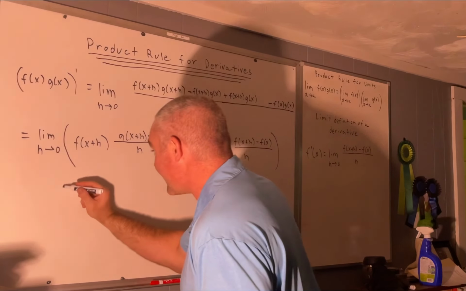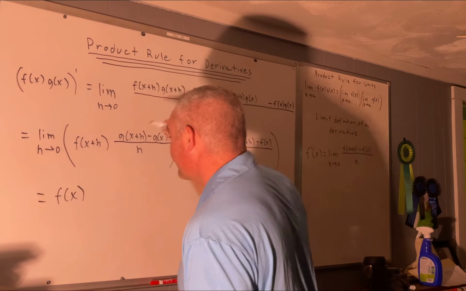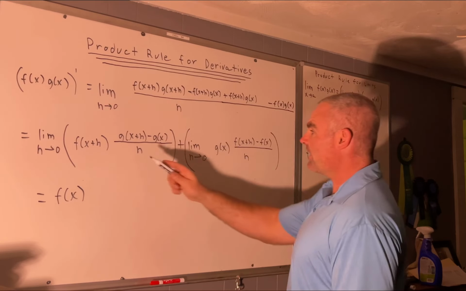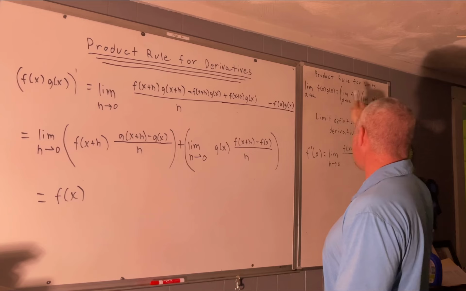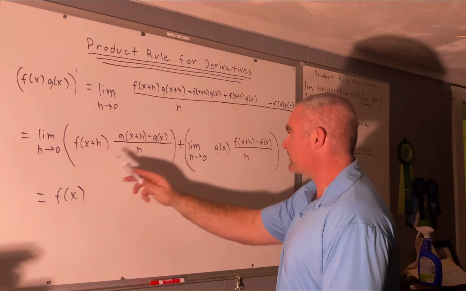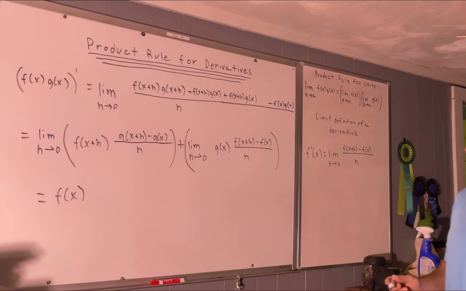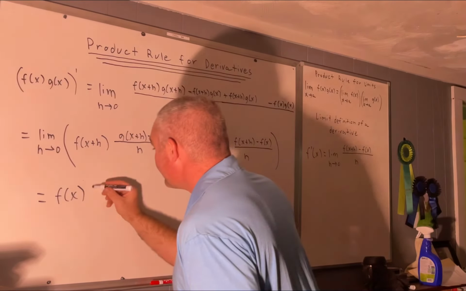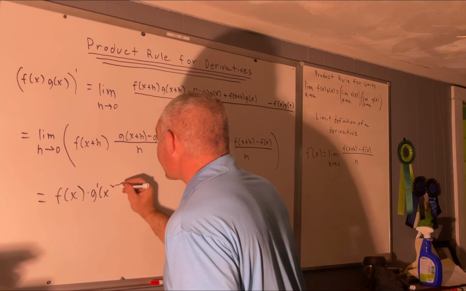So this is going to be f of x times the limit as h approaches 0 of this, and that is from the product rule for limits. Well, what is the limit as h approaches 0 of this? That's the limit definition of g prime of x. So, times g prime of x.